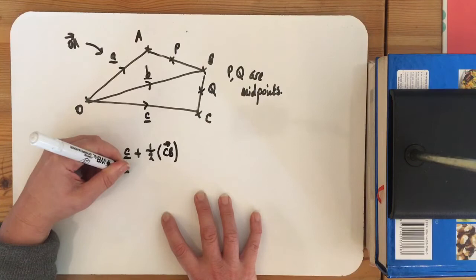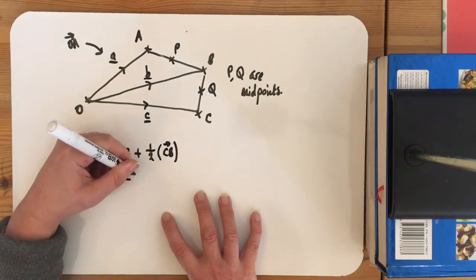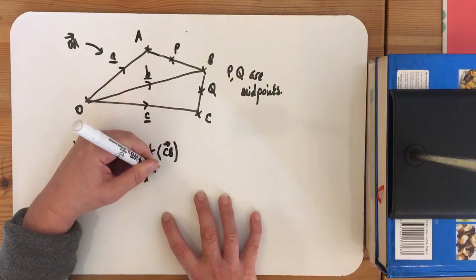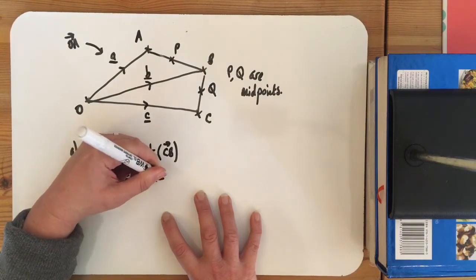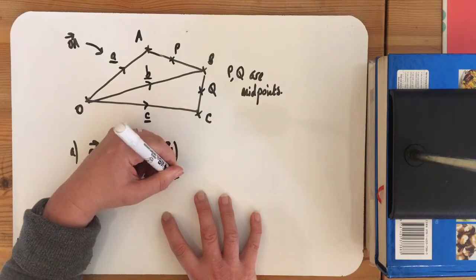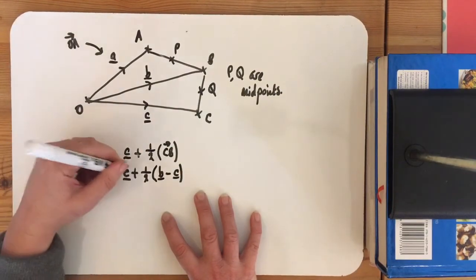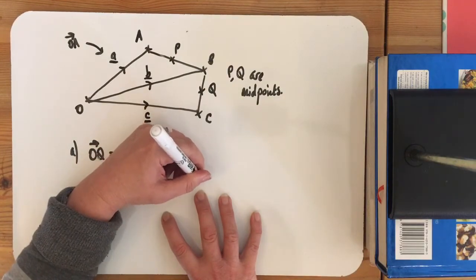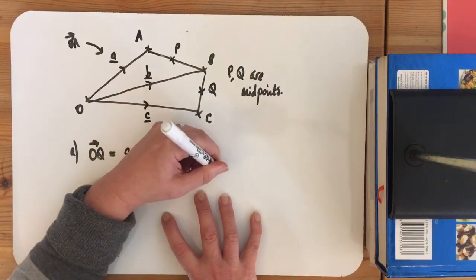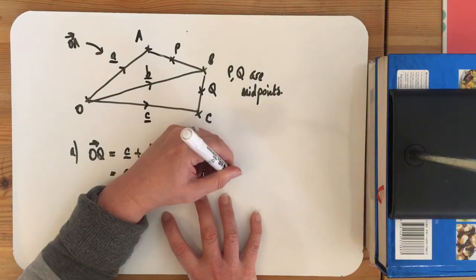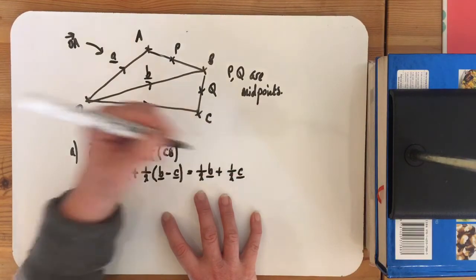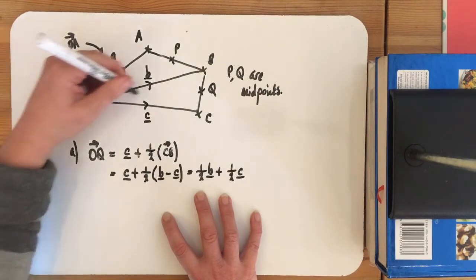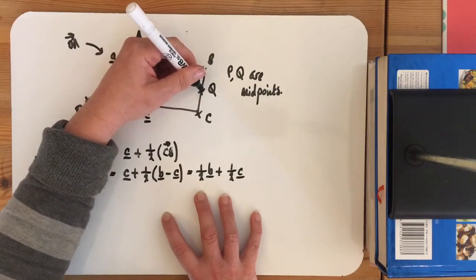So origin to C plus a half, and then CB is position vector of B minus position vector of C. C minus a half C is a half C, so we end up with a half B plus a half C. You could go OB plus a half BC, similar way.